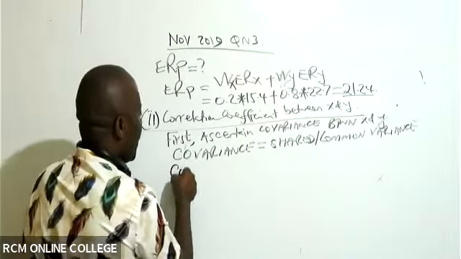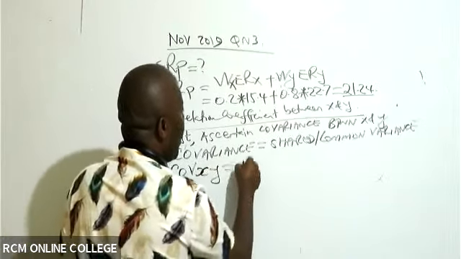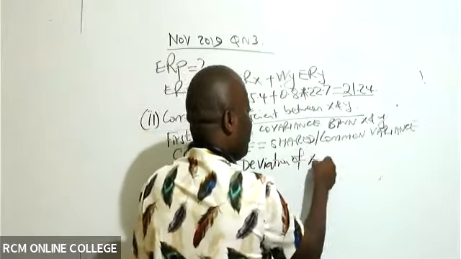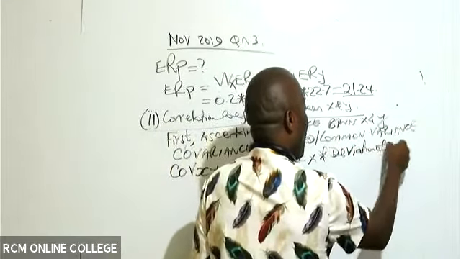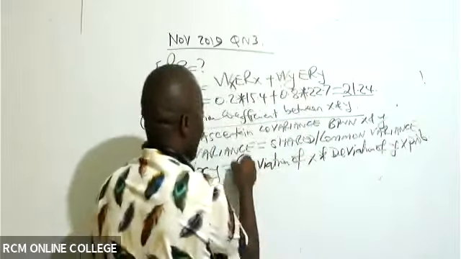And how do we calculate this shared variance? We shall be using this short form for covariance. So covariance between X and Y, what we shall do is to take the deviation of X times the deviation of Y times corresponding probabilities, and then you sum.